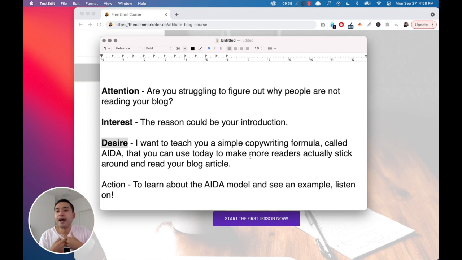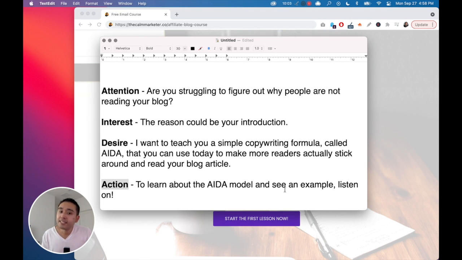So I pique their desire. I make them want what I have to say by mentioning that I have a simple copywriting formula called the AIDA framework that will make people stick to their blog and actually read it, right? And then the action is to learn about the AIDA model and see an example, listen on, right?